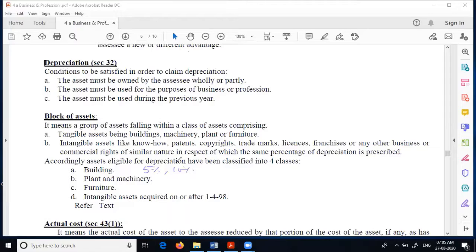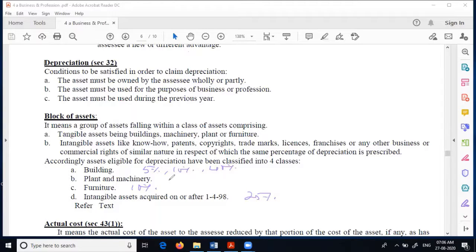The 40% block is for temporary structures. Earlier it was 100%, so they have reduced it. We'll come to plant and machinery, which is 10%, and intangibles is 25%.